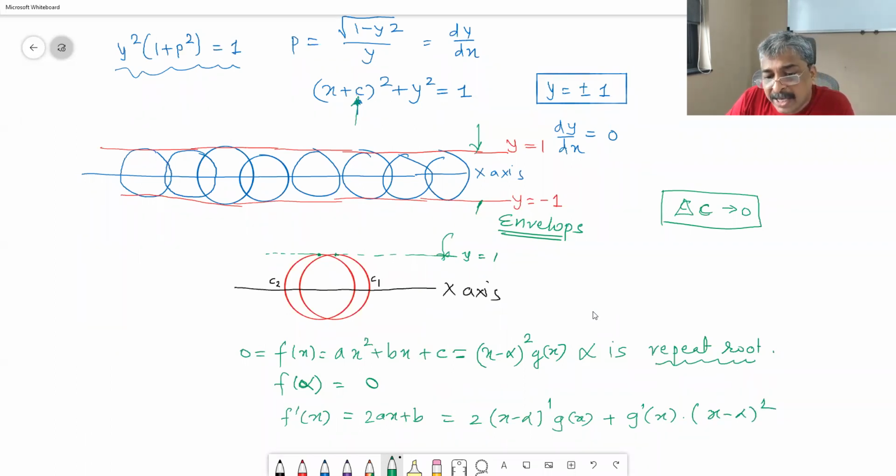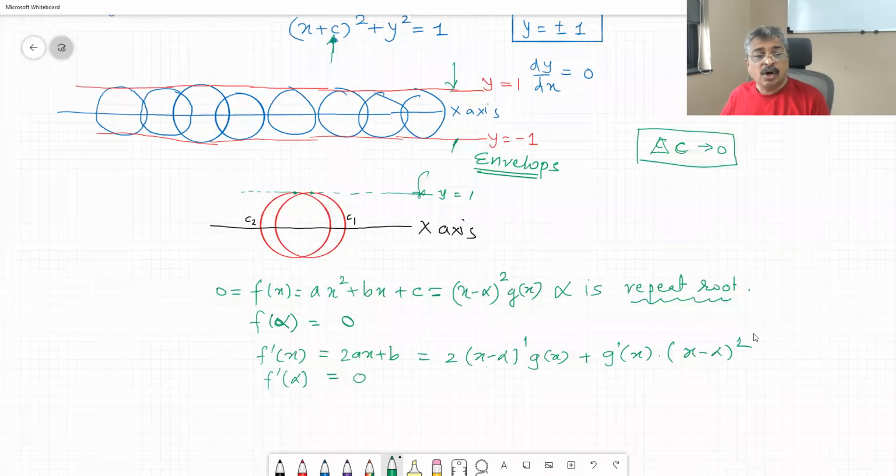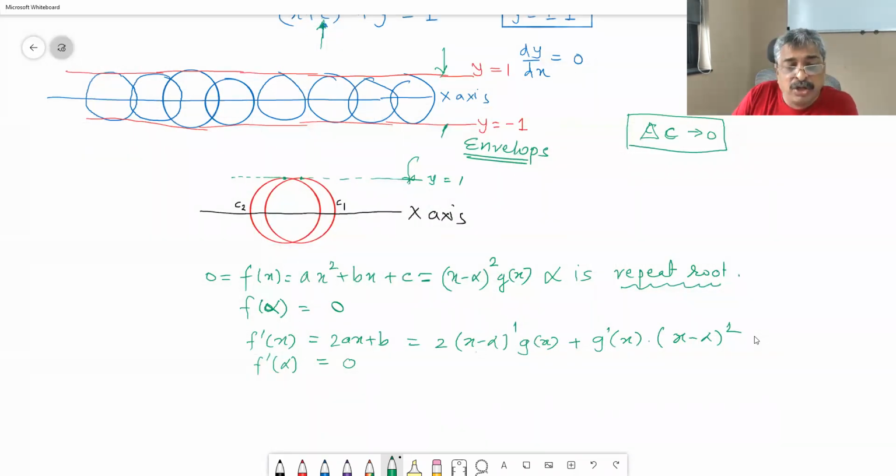You end up having x minus alpha present at least once in both these terms, and therefore f dash of alpha is also going to be equal to 0. Do you understand? So f dash of alpha is also 0, and that confirms that alpha is a repeat root, a coincident root.